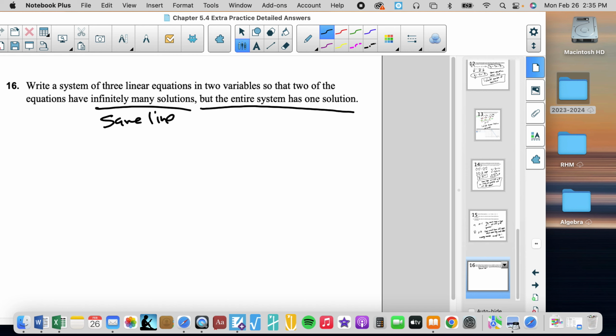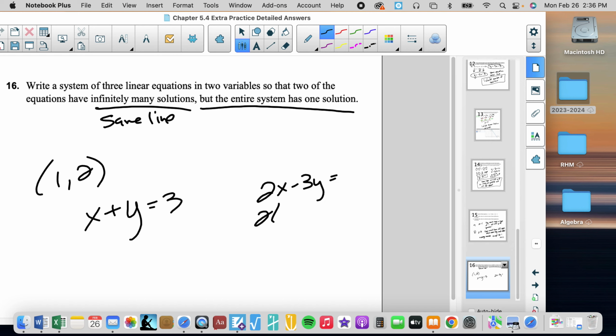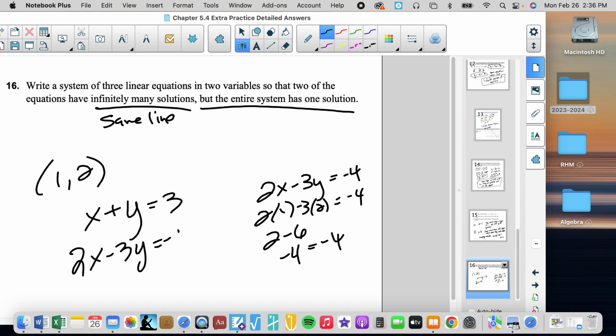Okay, so let's pick a point, 1, 2, and let's write x plus y equals 3, and then let's do 2x minus 3y equals 2 times 1 minus 3 times 2, 2 minus 6, negative 4. Did I do that right? Yeah, so we have 2x minus 3y equals negative 4.